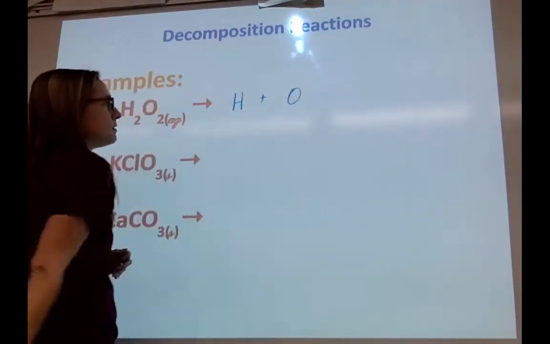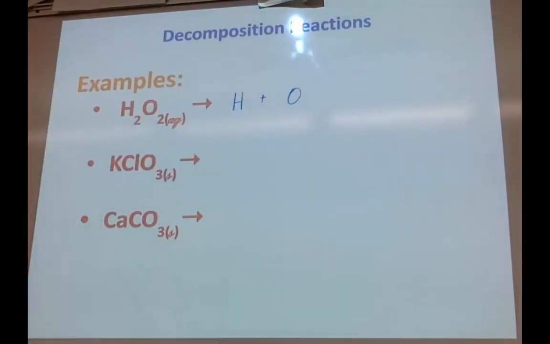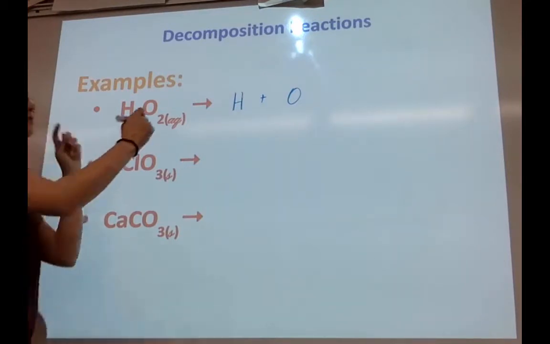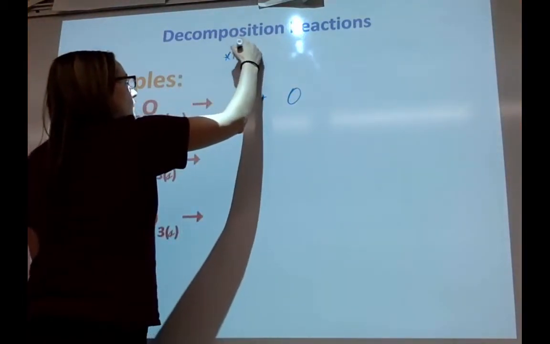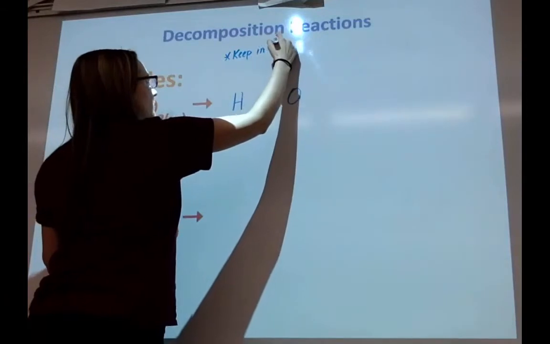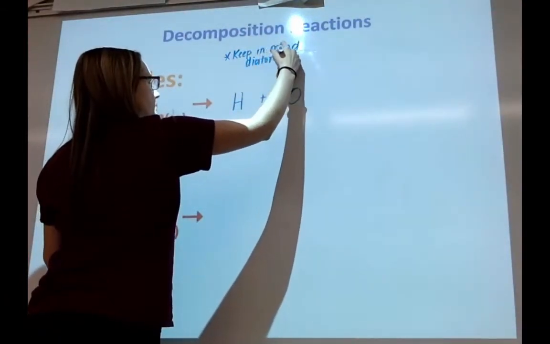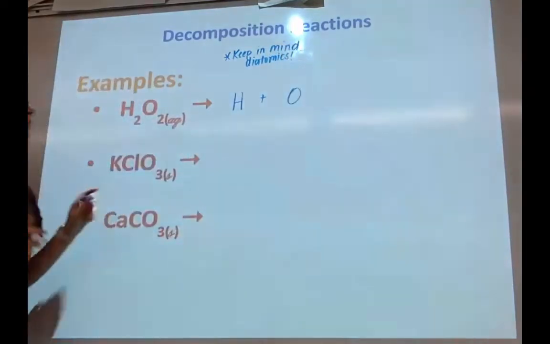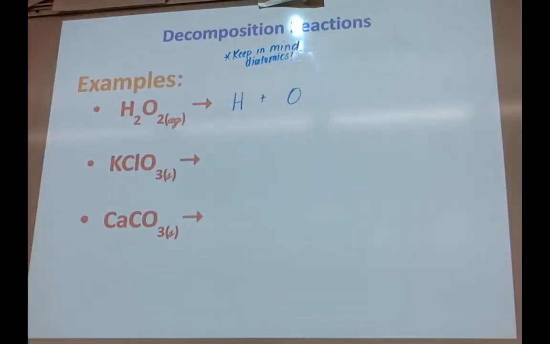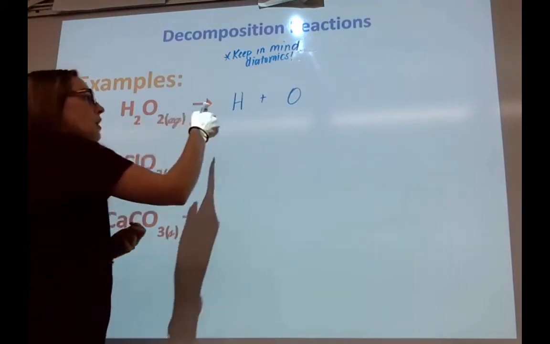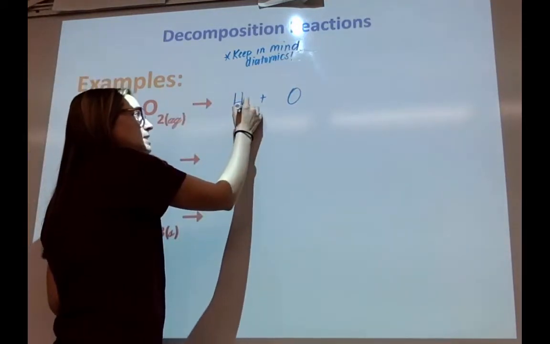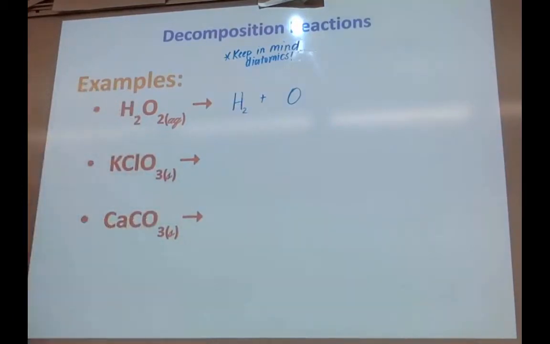Now, this is where you need to know your 7 diatomic molecules. Keep in mind diatomics. The 2 elements that make up hydrogen peroxide are hydrogen and oxygen. Hydrogen, when it's by itself, exists as a diatomic molecule.